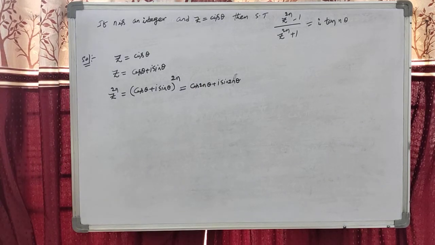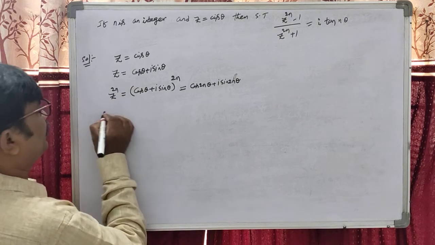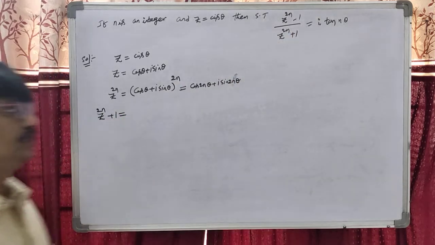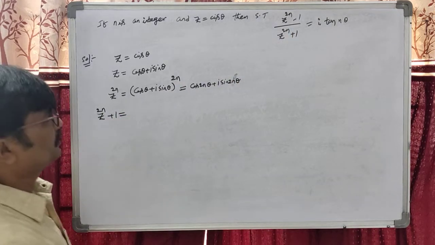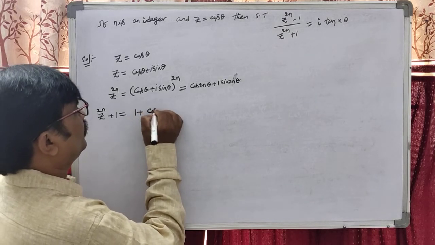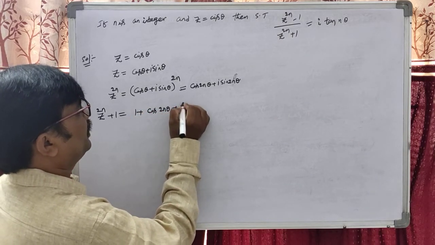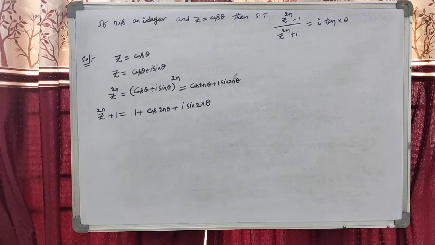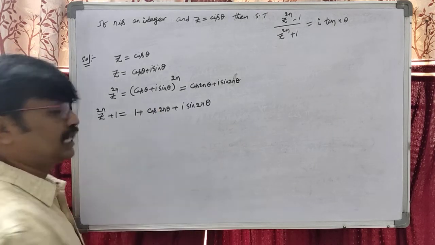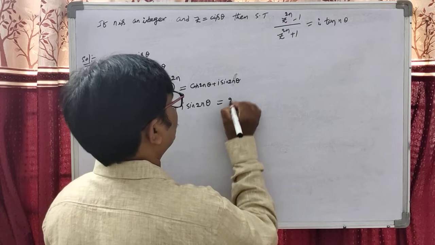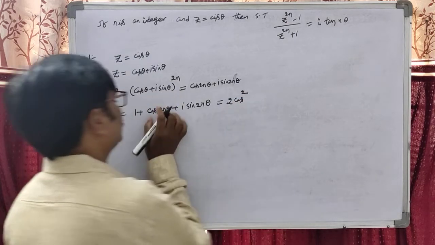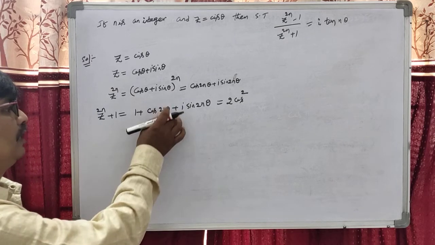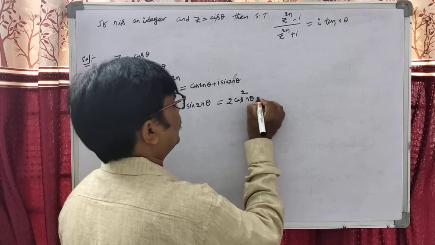After that, students, z power 2n plus 1: first we find z power 2n plus 1. So that is cos of 2n theta plus i sin of 2n theta, plus 1. So students, this is 1 plus cos theta. 1 plus cos theta is 2 cos square theta by 2; 2n theta by 2 is n theta.